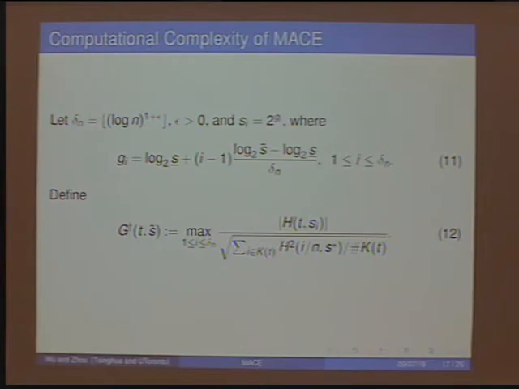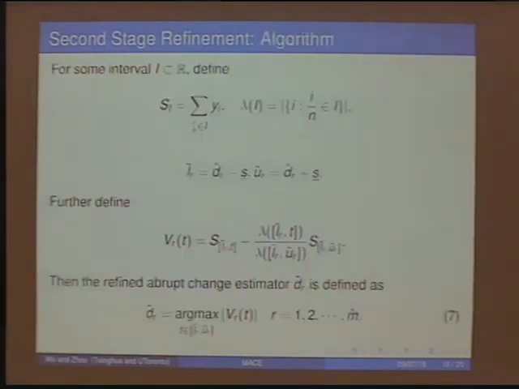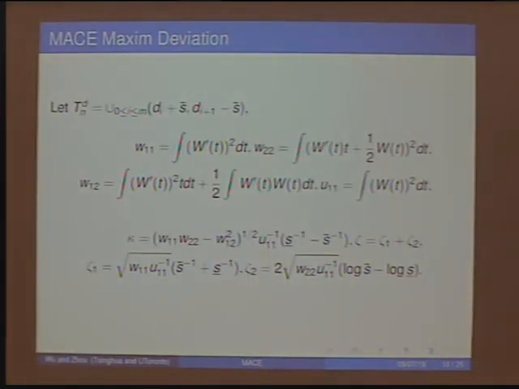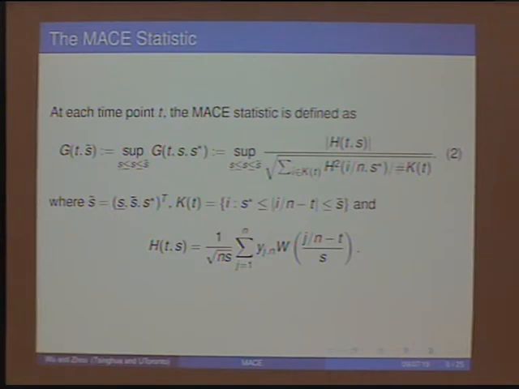So as you can see, the actual asymptotics of MAZE is for all the scales from the lower bound to the upper bound of the scales. However, in practice, we cannot calculate so many scales because it's so time-consuming to calculate the statistics for so many scales.